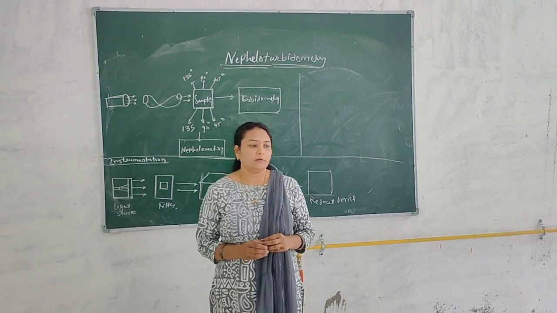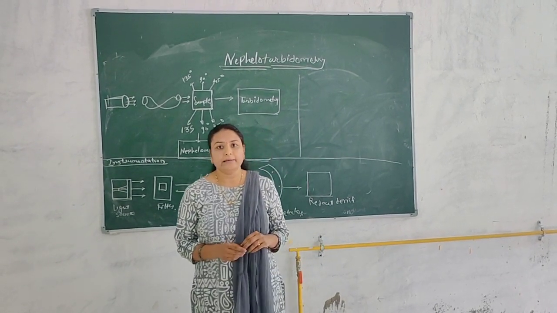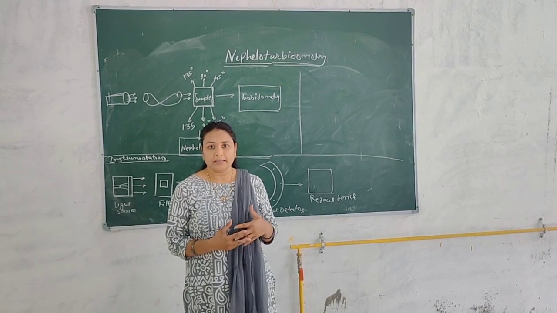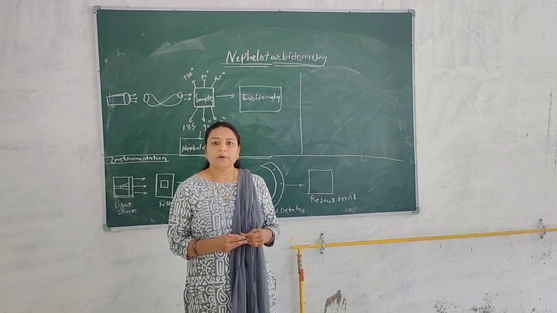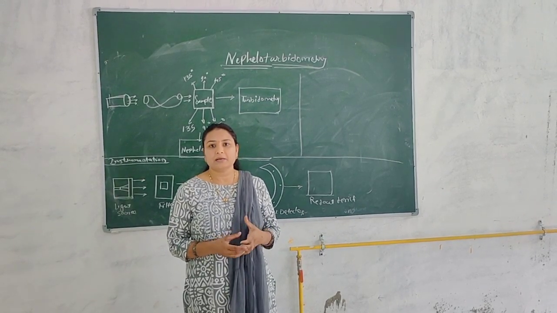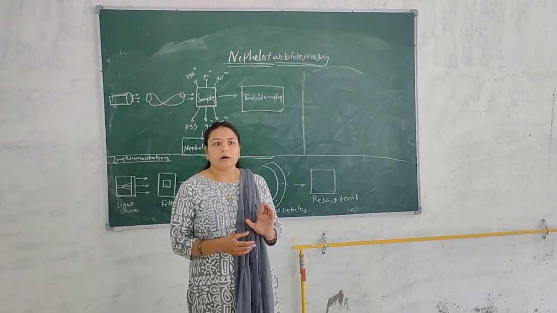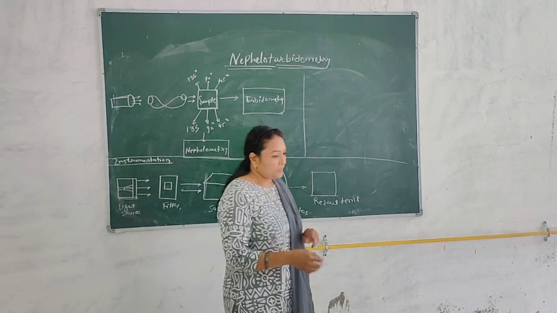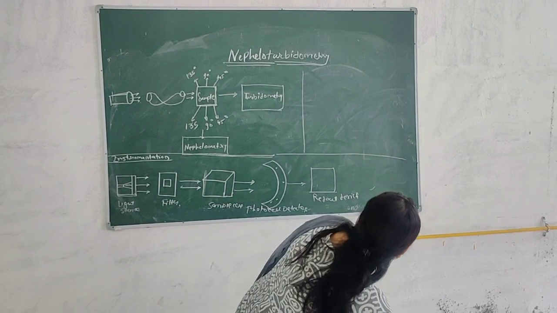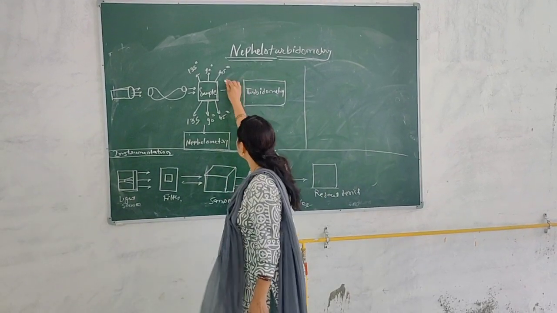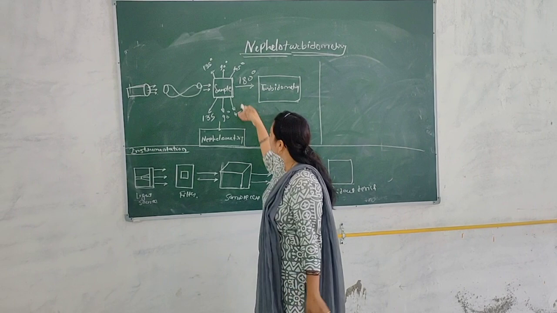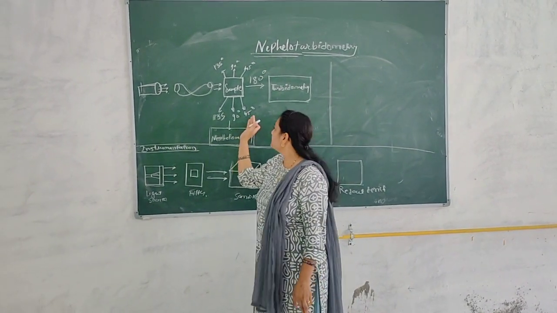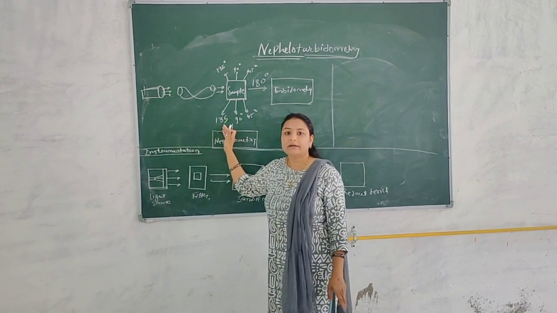Specifically, turbidimetry deals with the measurement of transmitted light, and this measurement occurs at 180 degrees. In case of nephelometry, the scattering occurs at different angles, that is 45 degrees, 90 degrees, and 135 degrees.